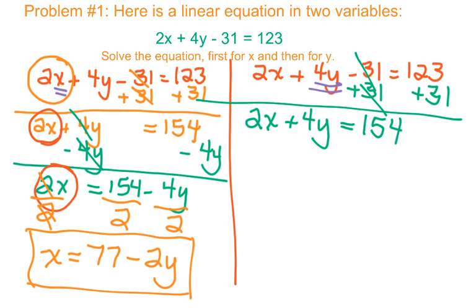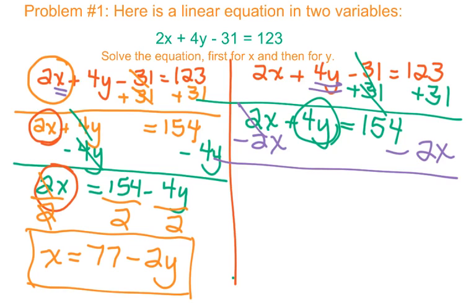But this time, instead of solving for x, we are going to isolate and solve for y. So I'm going to circle that 4y, knowing that I'm going to keep that there, and I'm going to subtract 2x from both sides, noting that I cannot take 2x away from 154.